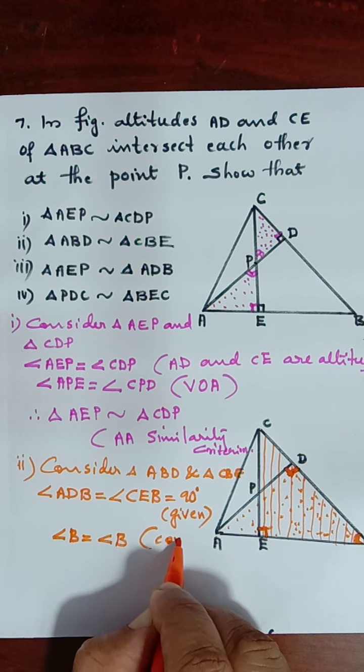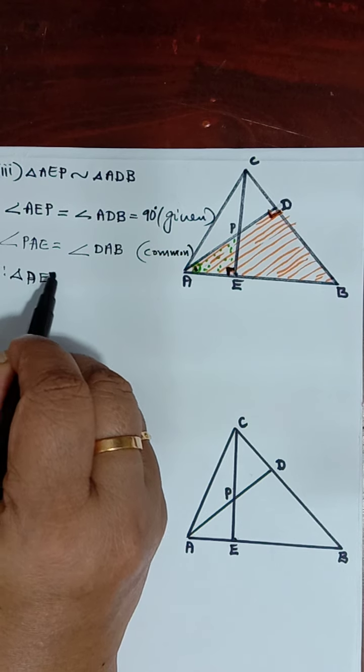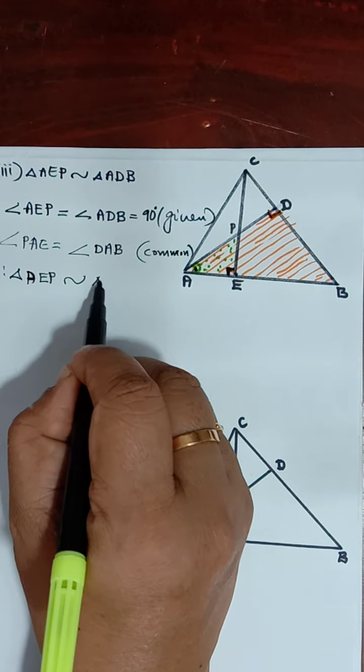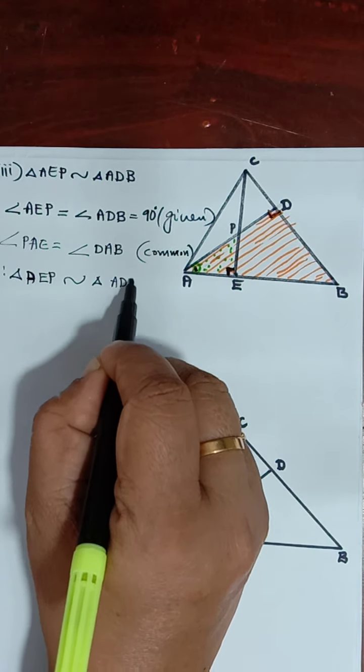So they are common: angle PAE equal to angle DAB. It is common. If they are common, we can say triangle AEP is similar to triangle ADB by the AA similarity criterion. For both of them we have a 90 degree angle and the next angle is common for both triangles.